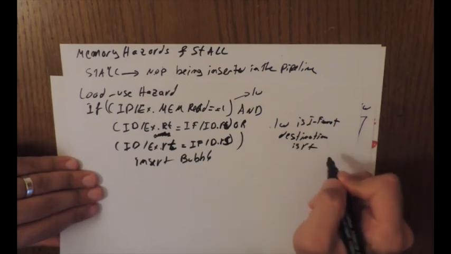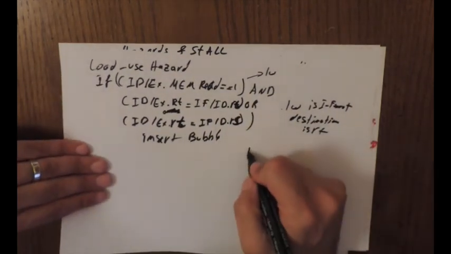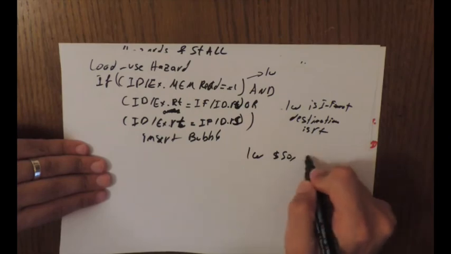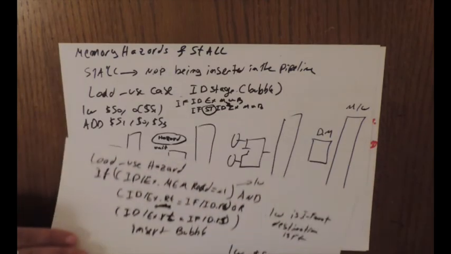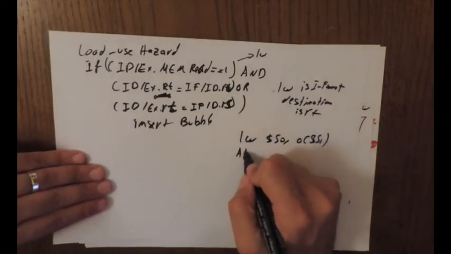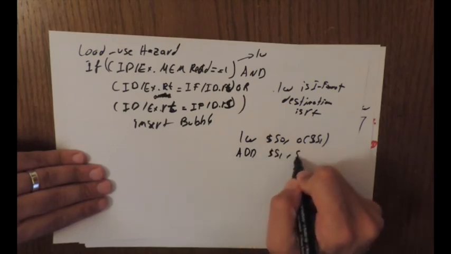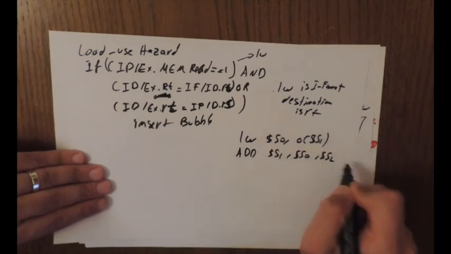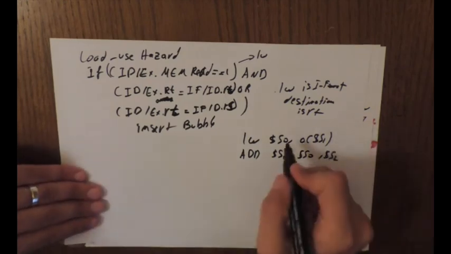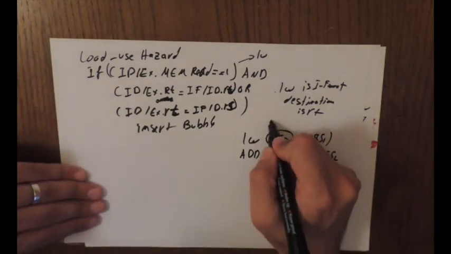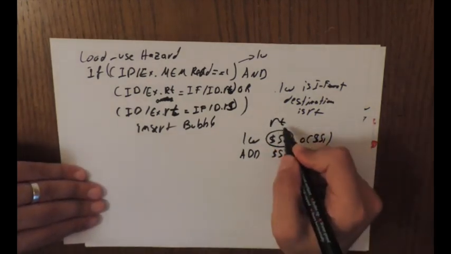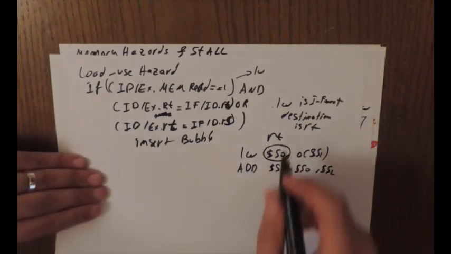is RT. So if I take a look again at LW $S0, $S1, and then I use add $S1, $S0, $S2, in this case, I'm saying this is RT, and this should be at the ID EX stage.